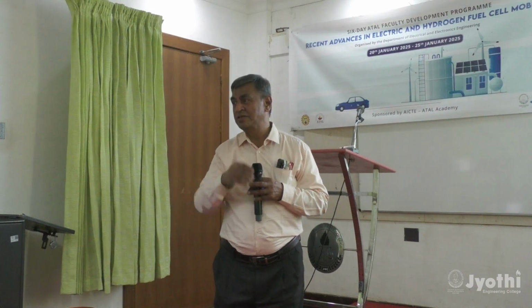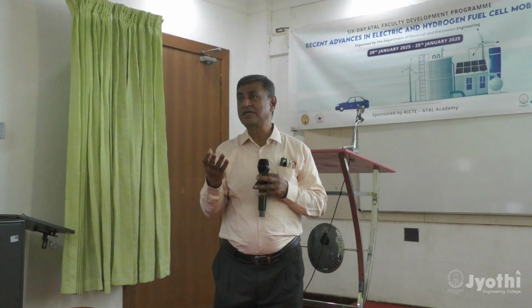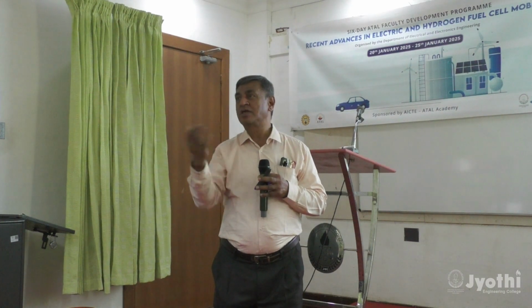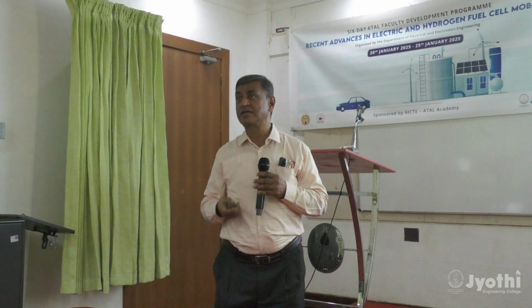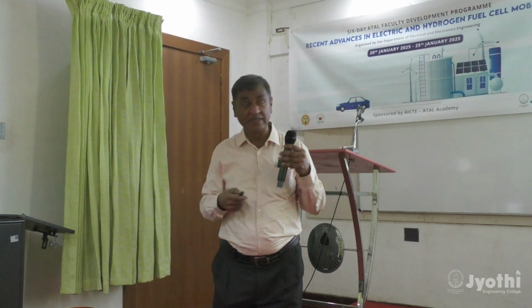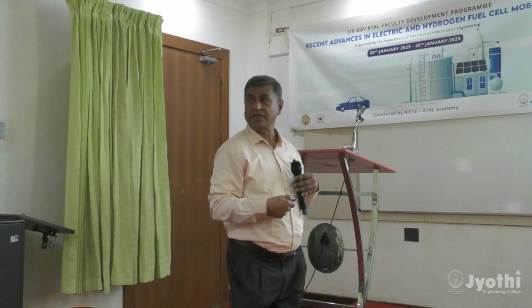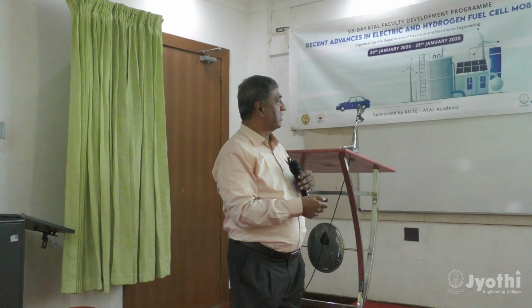The pipe was getting oxidized, so the metal pulled oxygen from water vapor and produced hydrogen. So we got more hydrogen than what was expected. That means it's not even metal oxide, even metal itself will react at higher temperature. Then we said, okay, why not try that process?